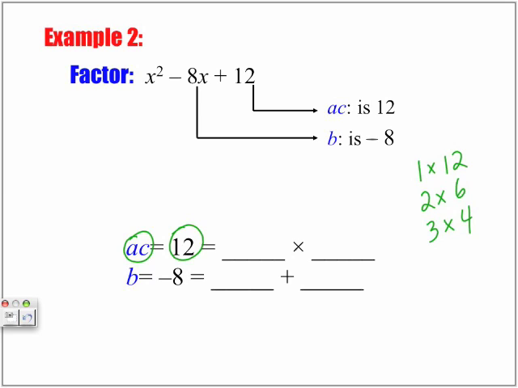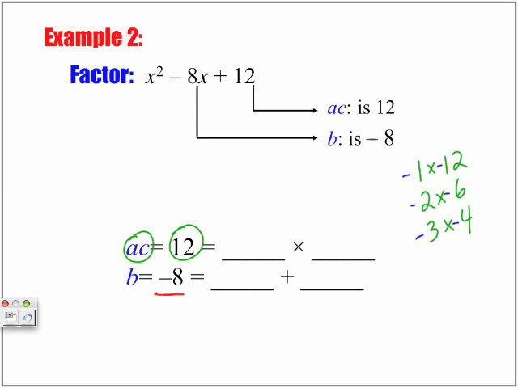If we multiply all those, we can get positive 12. But the only problem here is we have a negative 8 for our sum. Can we figure out a way to get this negative 8 using our multiples? Well, we know that two negatives multiplied together still give a positive value.